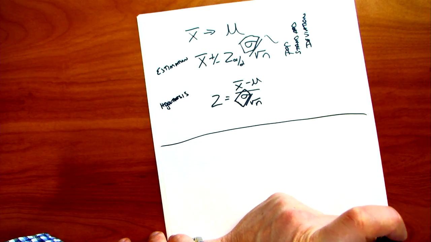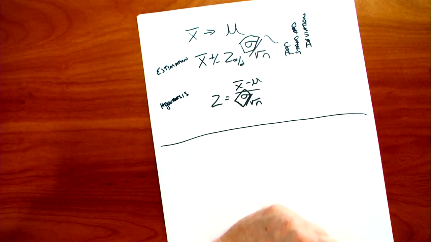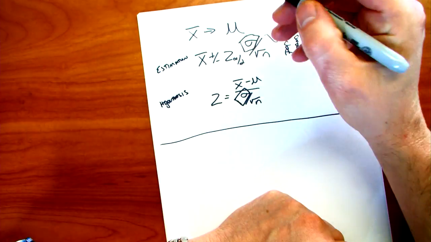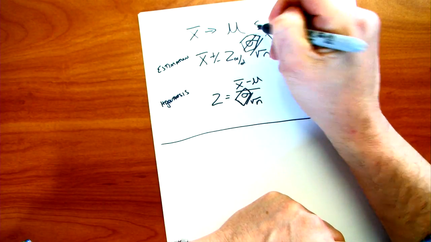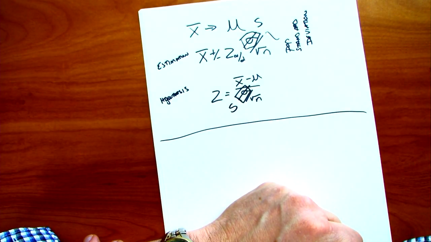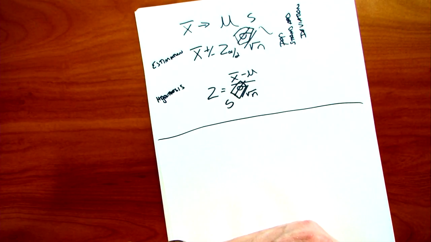What do you think might be a pretty good substitute for the population standard deviation? Come on. What do you think might be a decent substitute for the population standard deviation? The sample standard deviation, yes. Okay? The only thing is, when I use the sample standard deviation, the distribution I use has to change.